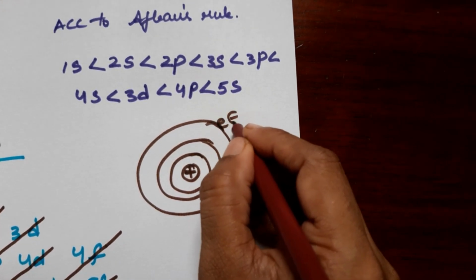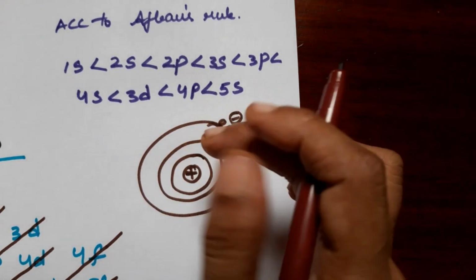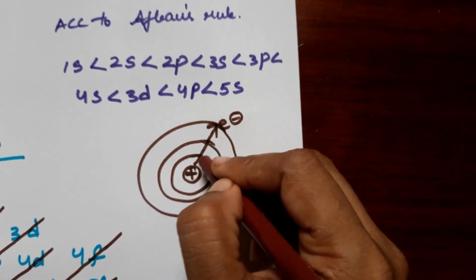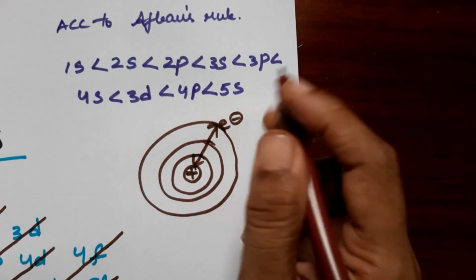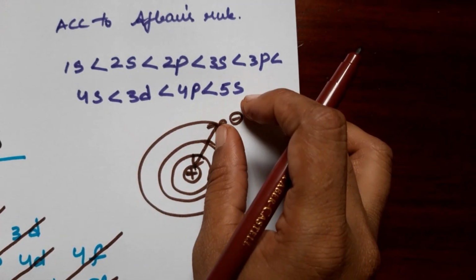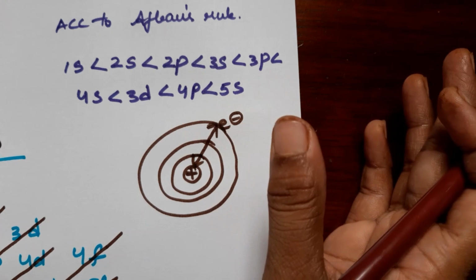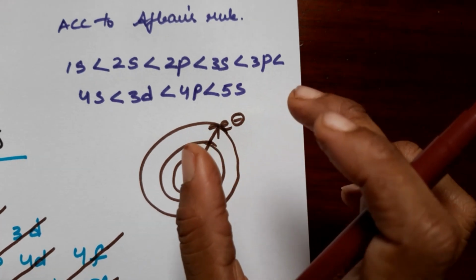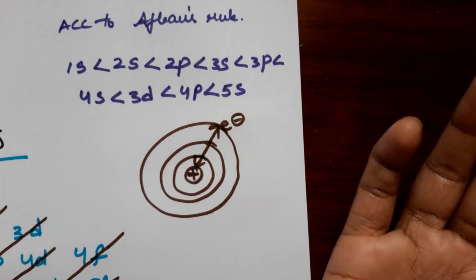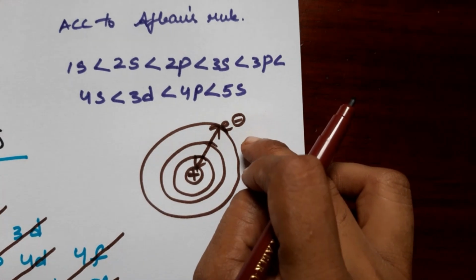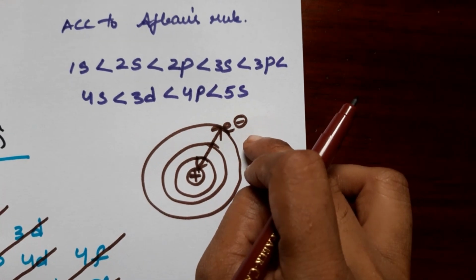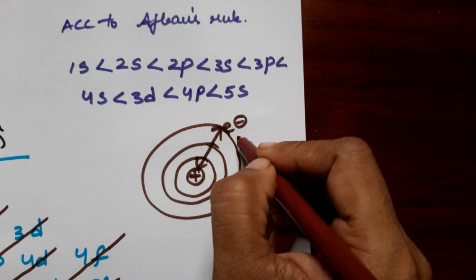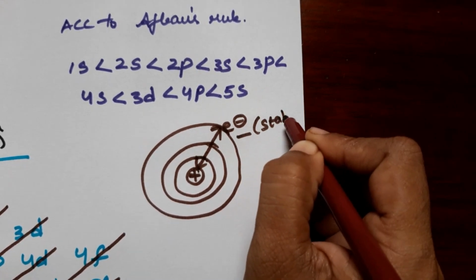If an electron is present here, then the nuclear attraction between the electron and the nucleus is more, so that we can remove the electron easily, it is having more energy. So it is the stable electron.